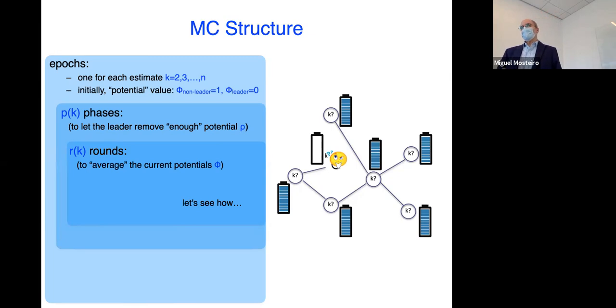Now, at this point, maybe you're wondering, if you are distributing potential, why don't you use just the gossip-based technique of computing n by averaging 1? Meaning, if I assign a 1 to one node and 0 to all others, and I share iteratively until we reach convergence, everyone will have 1 over n.